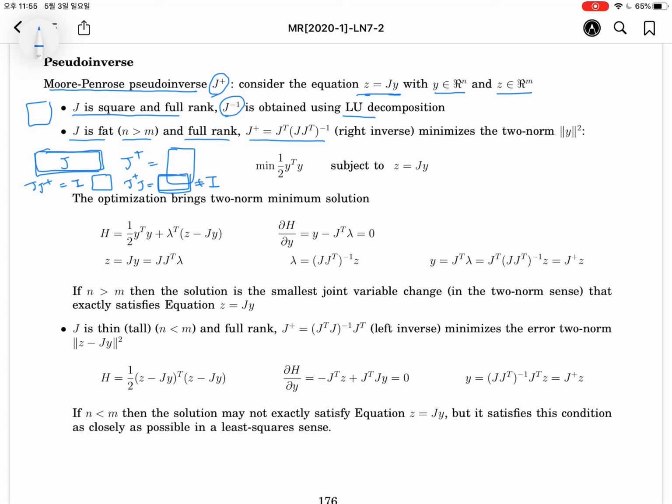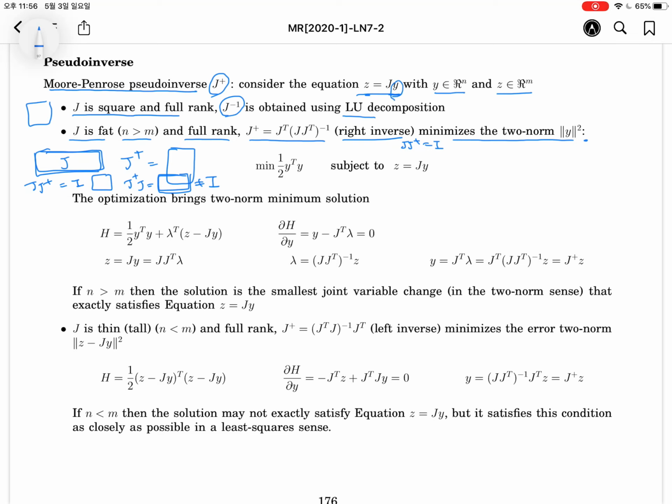So in the case of fat J like this, the pseudo inverse is defined as J transpose times (J J transpose) inverse. In many cases it is called the right inverse because J J star must be the identity matrix. The physical meaning of the right inverse is that it minimizes the norm.